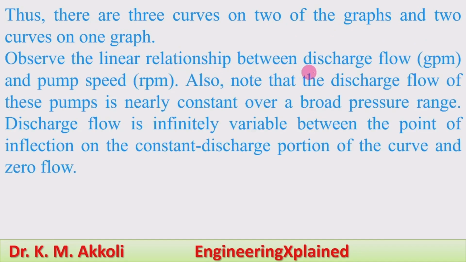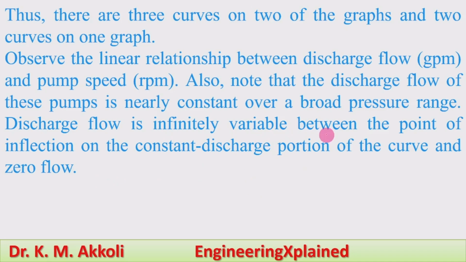Observe the linear relationship between the discharge flow in GPM and the pump speed in the first graph. Also note that the discharge flow of these pumps is nearly constant over a broad pressure range. It is almost constant, not fluctuating, linear, and remains constant. Discharge flow is infinitely variable between the point of inflection on the constant discharge portion of the curve and zero flow, which we have discussed.